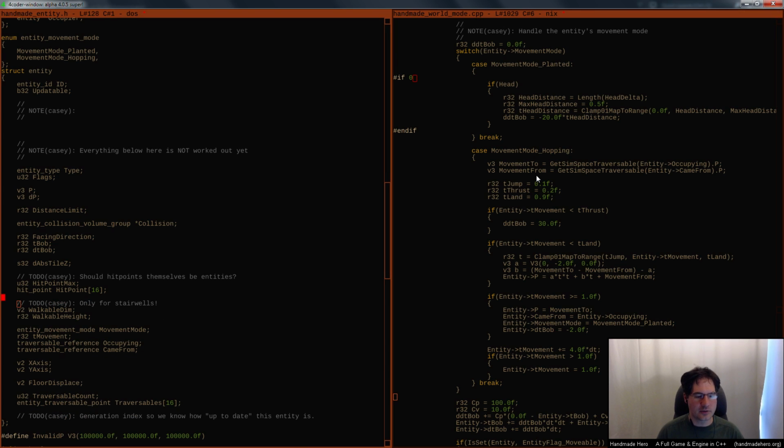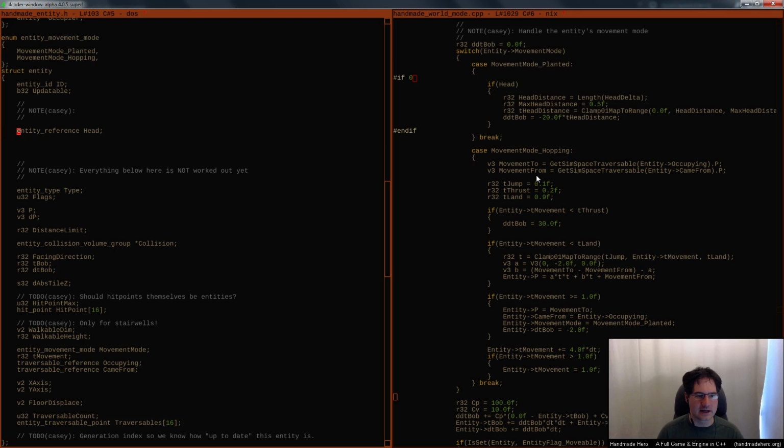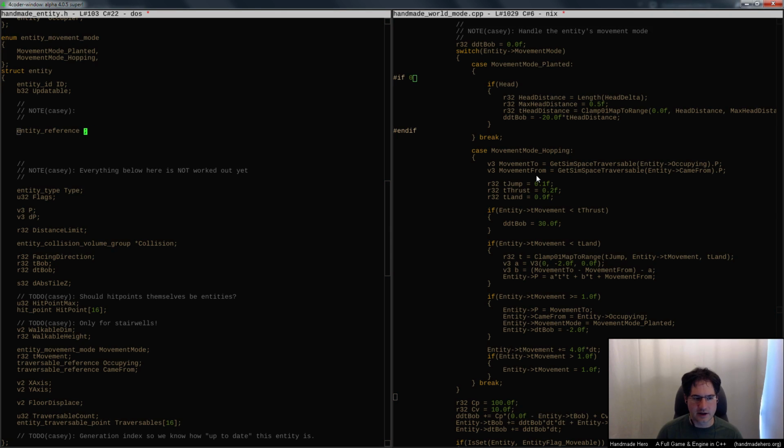So I'm going to start by saying the first one that we really mean, perhaps, is this one, entity reference. And the way that I think we might do this is to introduce a notion of almost like a geometry of these creatures, where you can perhaps have some child creatures and a parent creature, maybe.